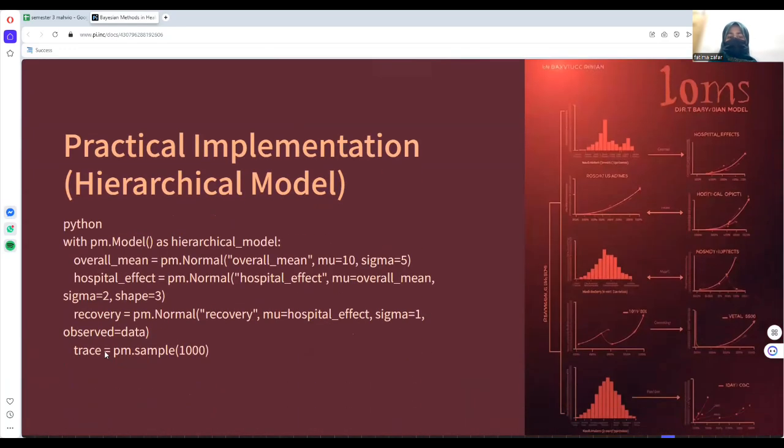For example, here is a little implementation: with model as hierarchical model, we have the overall mean, then the hospital effect, then the recovery, and at the end a trace.